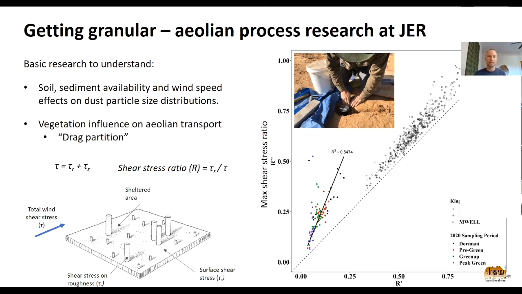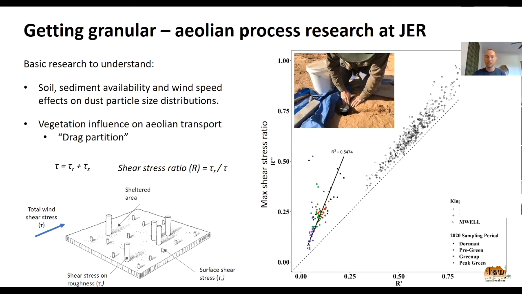And the last project that we had, and one that we're just starting now, have looked at the effects of vegetation on aeolian transport through what we call the drag partition. I won't go into too heavy detail here, but looking at the image on the bottom left, basically when we have wind blowing over a landscape, it has a shear stress or a force associated with it that becomes partitioned between the roughness elements, the vegetation, which are represented by these cylinders, and the bare soil.